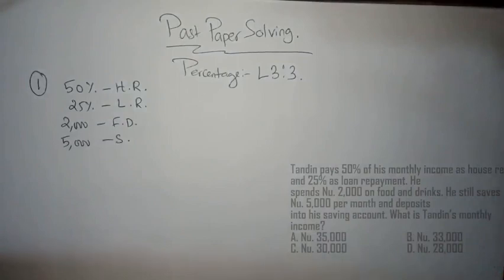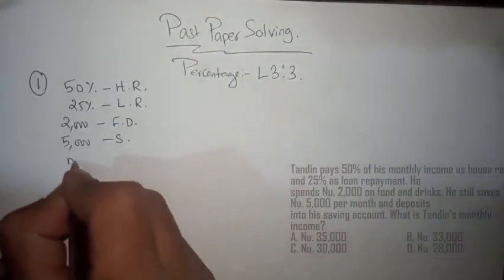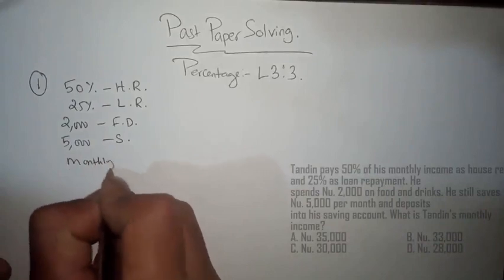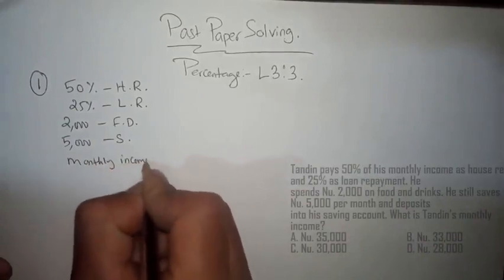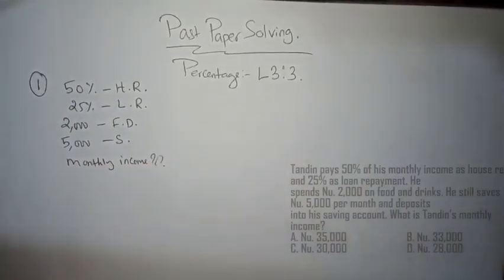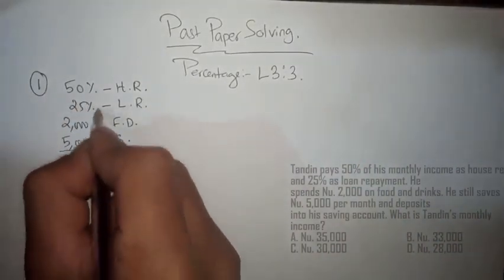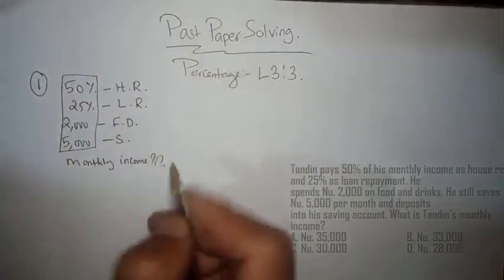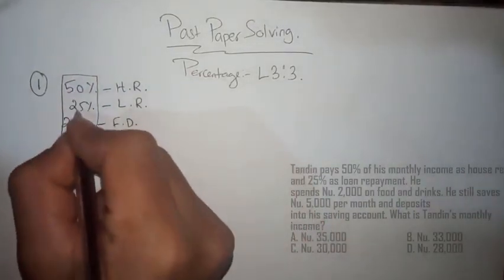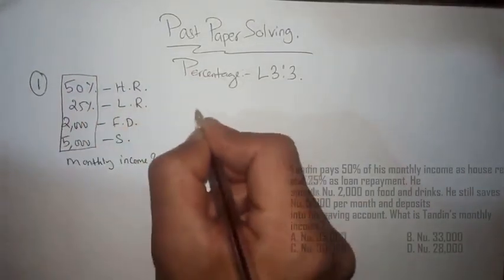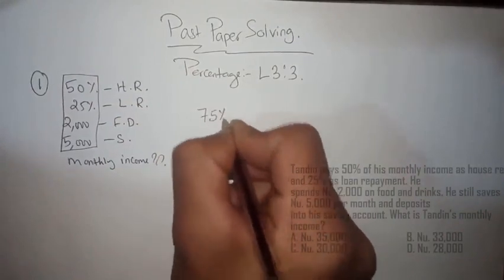What is Tandin's monthly income? The monthly income is the total of everything, so we add all the parts together. 50 plus 25 becomes 75%.